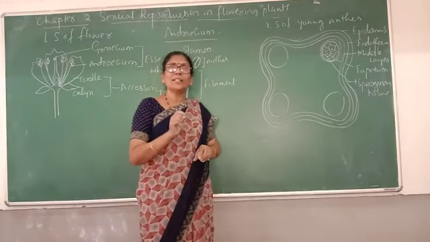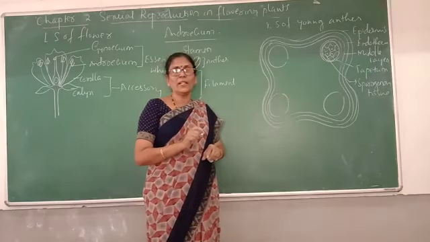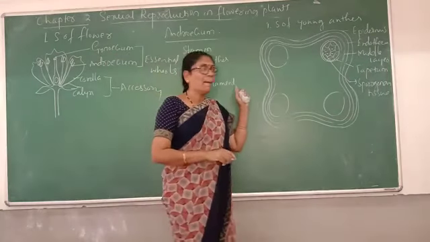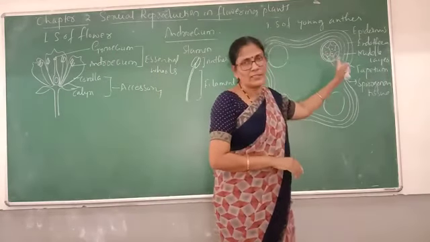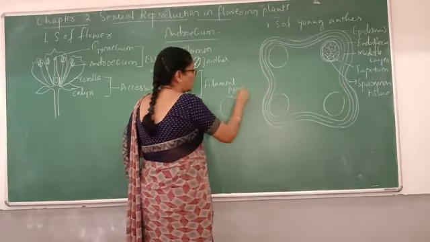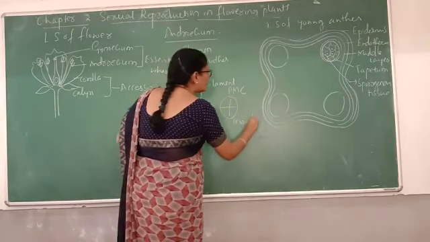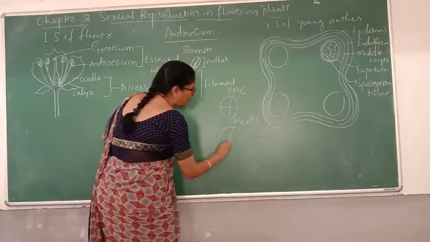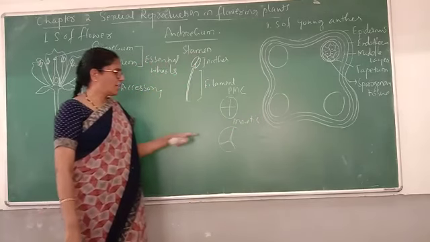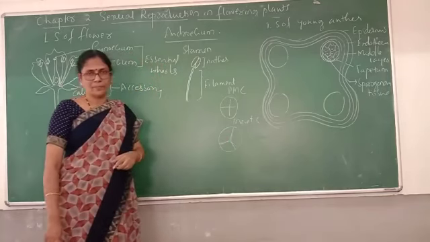These pollen mother cells undergo meiotic division and form haploid pollen grains, and this process is called microsporogenesis. When the pollen mother cell undergoes meiosis, it produces a tetrad. Each tetrad will later become a pollen grain as it dries up.